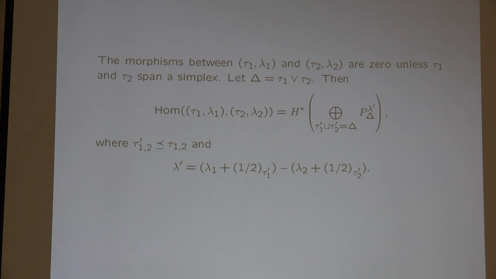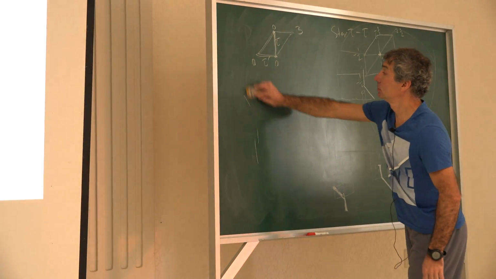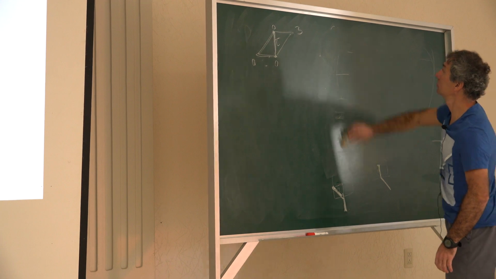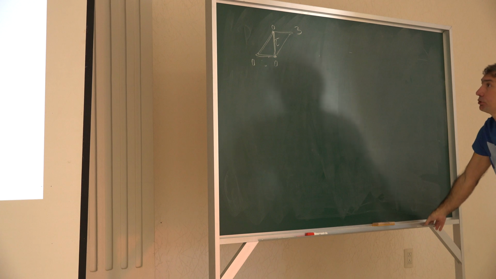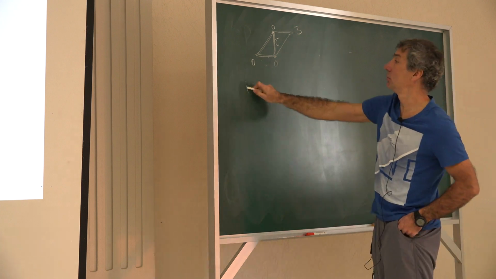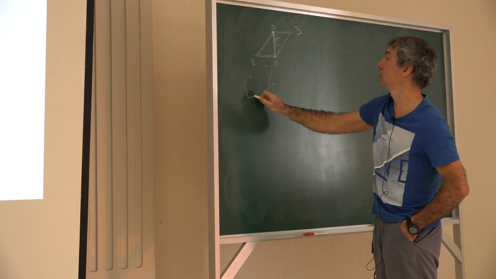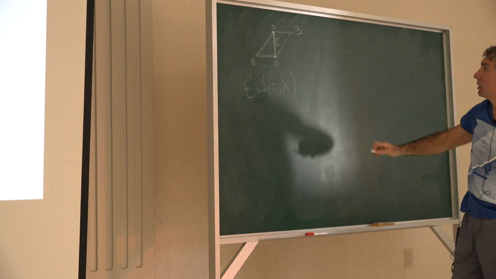So I take actually not just a single twisted polytope, but a whole bunch of them. Maybe I'll do this example here. Let me compute the self-morphism for this one: Hom of tau, tau, with lambda like this. So what do I do?